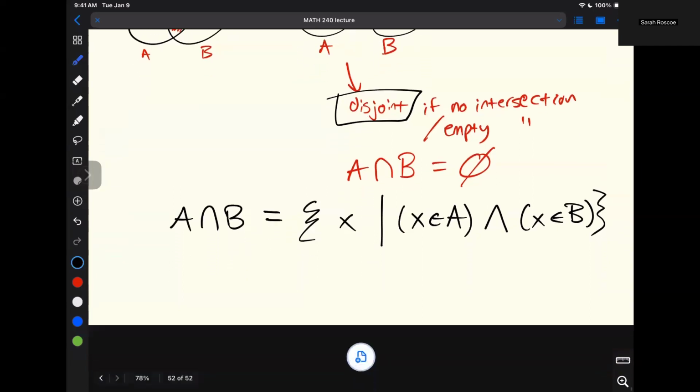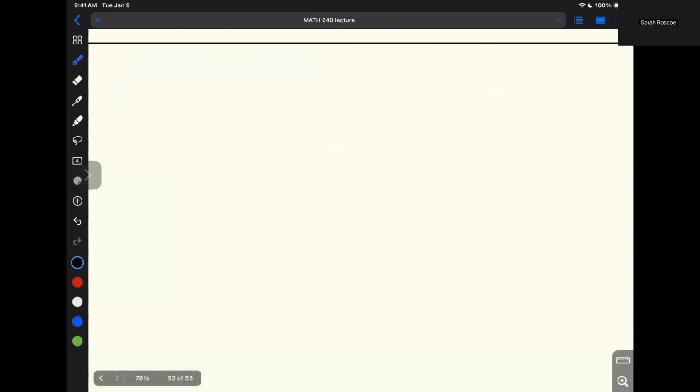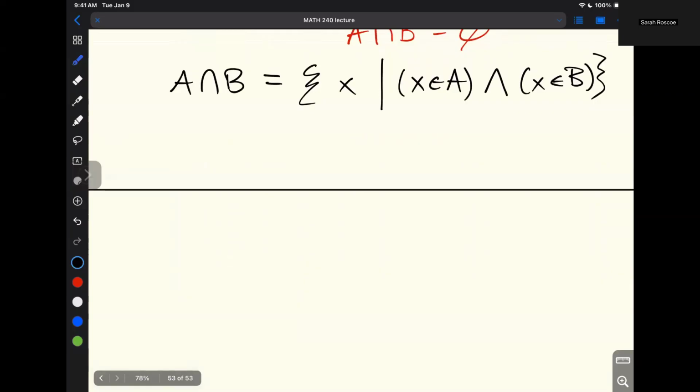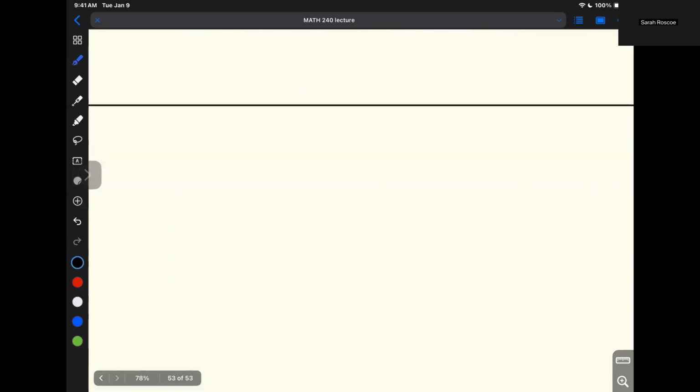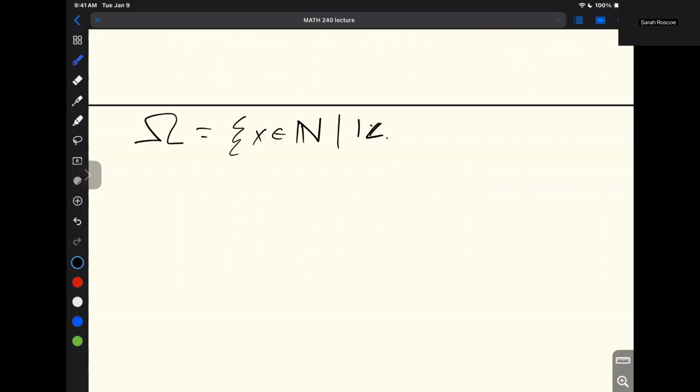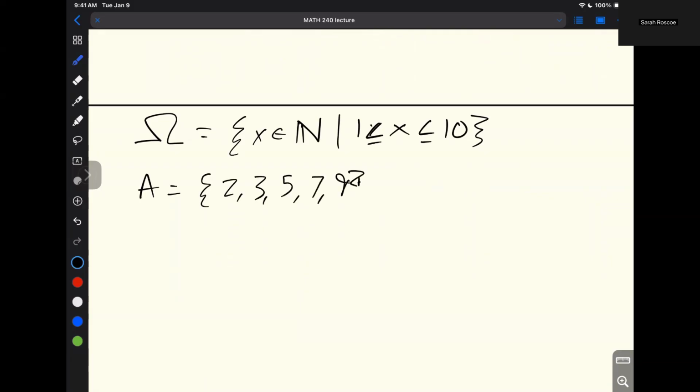All right, so now I've got an example for you, and I can go back if you need me to. The universal set is all the natural numbers X between 1 and 10. A is 2, 3, 5, 7, 9. B is 1 and 6.